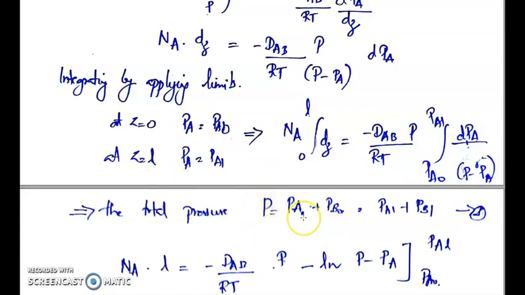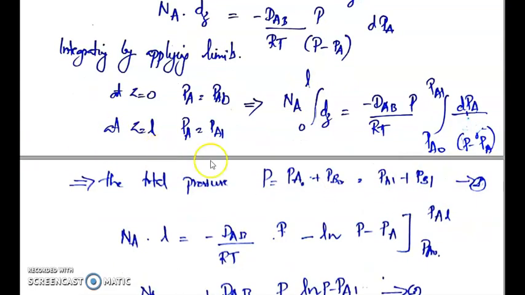Similarly, we can calculate the total pressure at Z is equal to L also, by using the partial pressure of the components at Z is equal to L. So here at Z is equal to L, total pressure P is equal to PaL plus PbL. So P is equal to Pa0 plus Pb0, which is equal to PaL plus PbL.